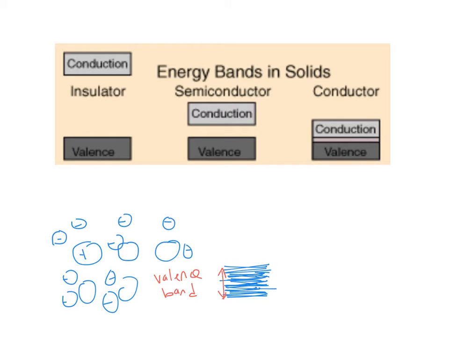So if I were to plot the energies of these empty places where the electrons could go to, I will get again many of these energy levels, because in each of these atoms there are so many empty spaces.